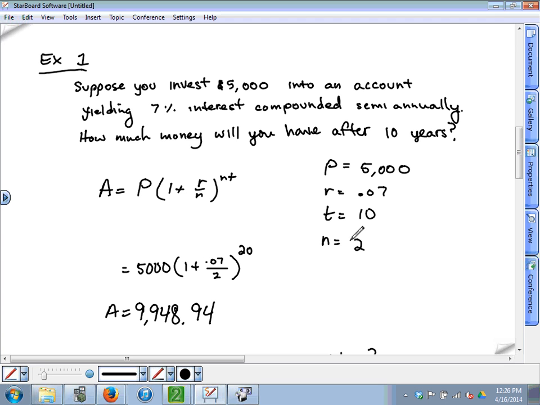It would have been raised, because n would be 12 in that case, right? If I'm doing this monthly, then 10 times 12 would be 120. I want you to think for just a second. Obviously, that's going to make more money, right? Yep. How much more money do you think, if I raise it to the 120th power rather than the 20th power?